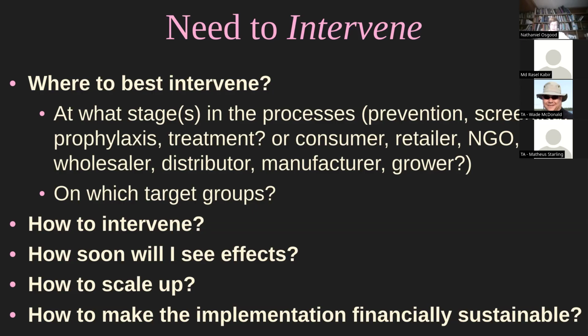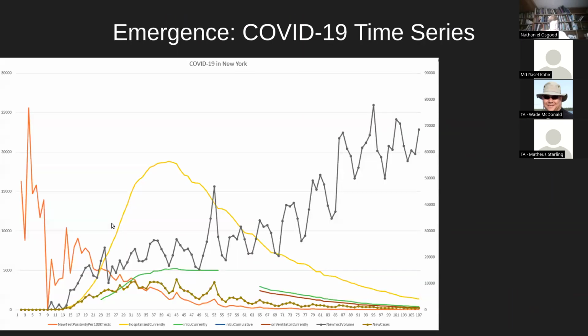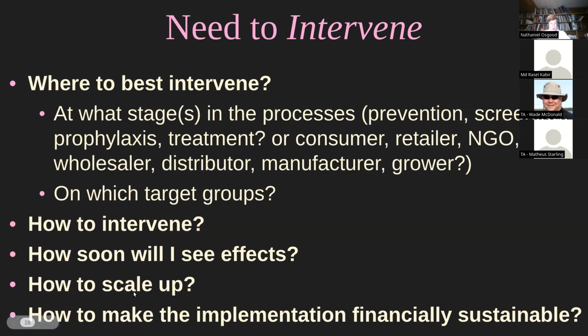How soon should I see effects? If my contact tracing is having effects, should I see a rapid increase, but then a rapid decrease in the number of new cases, or is it going to play out over a longer time? How do I scale up my intervention? If it's working in Saskatoon, how do I bring it to Edmonton? Or how do I bring in a strategy that's working for Edmonton, like the ARCH program, to something like Saskatoon, or bring it to Moose Jaw?